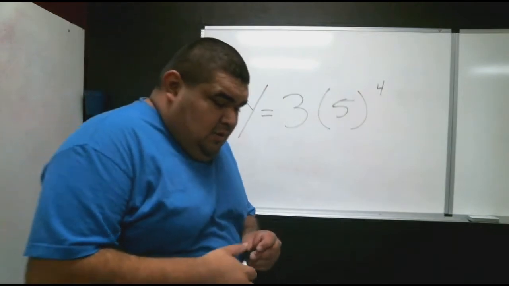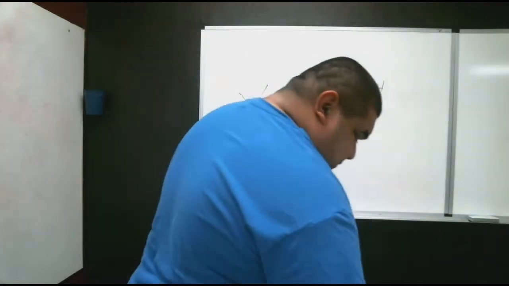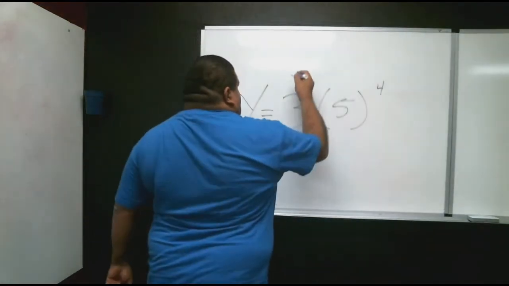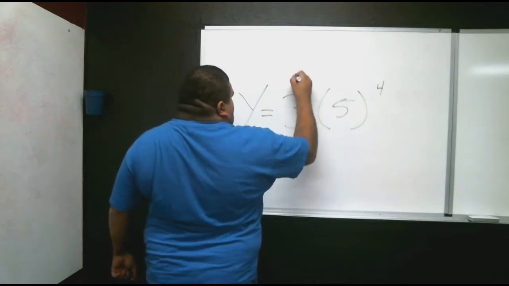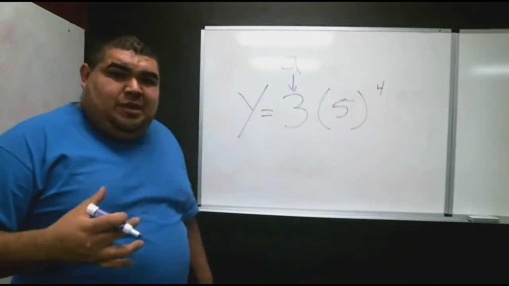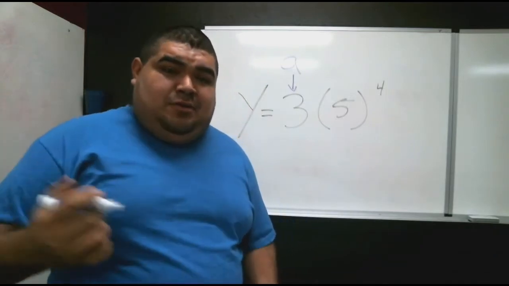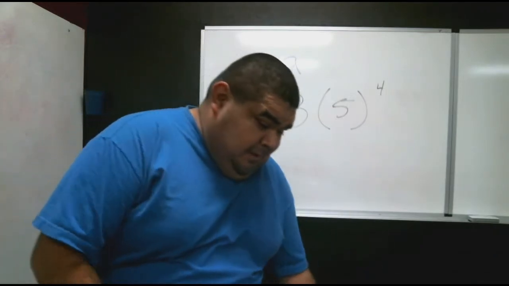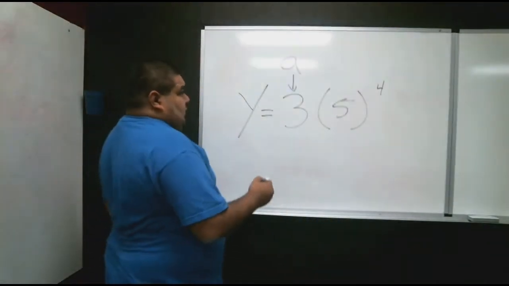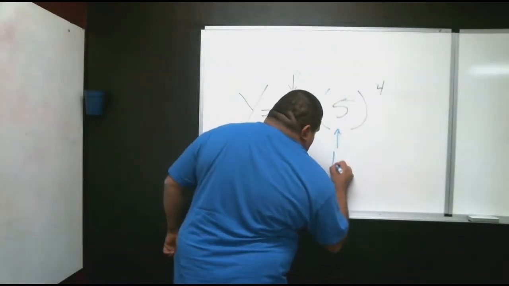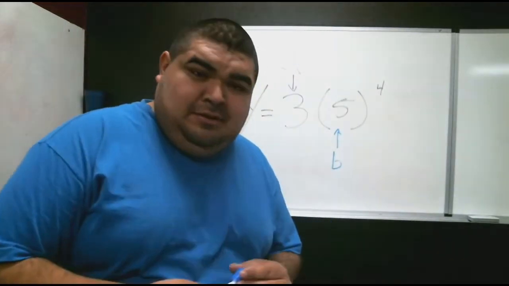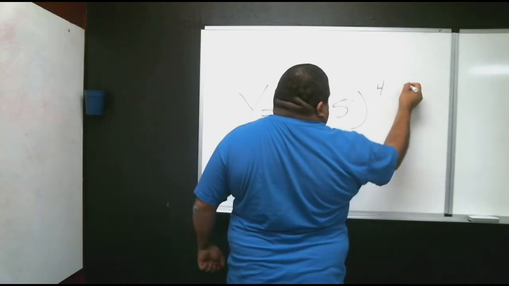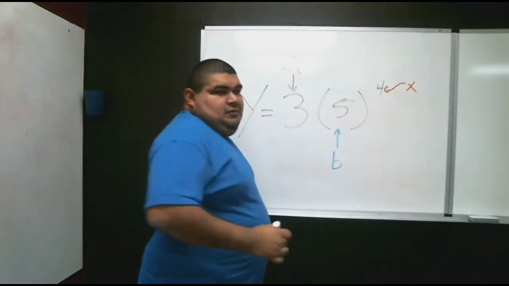The first number in this equation is a. That's what I mean with the equation y equals a b to the x power. The first one is a. Your second one is b. And hint, hint, what is our exponent? Anybody? It's x, right? So our exponent is x.